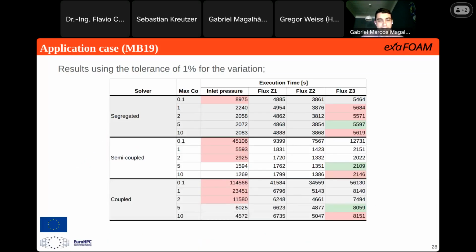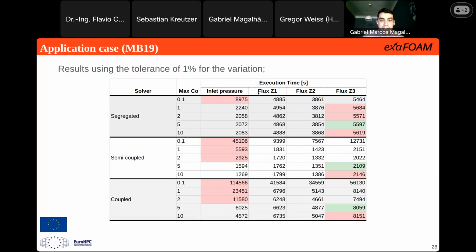Here in this table we have the results using a tolerance of 1% for the variation to determine the convergence. In each row, I'm highlighting the property that determines the convergence.